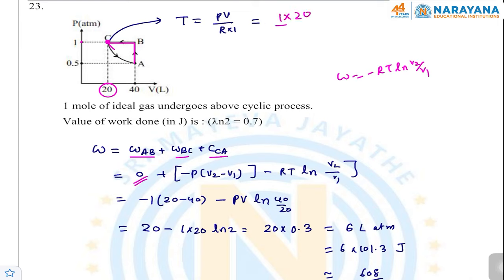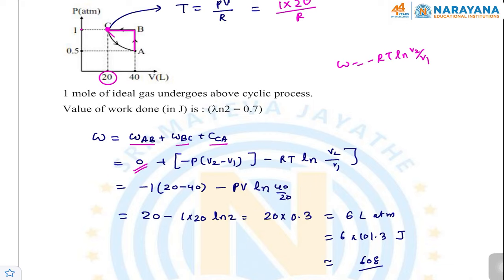P is 1, V is 20, so T is 20 by R. So you can write the work done in BC, that is minus P into V2 minus V1. V2 is 20, V1 is 40.